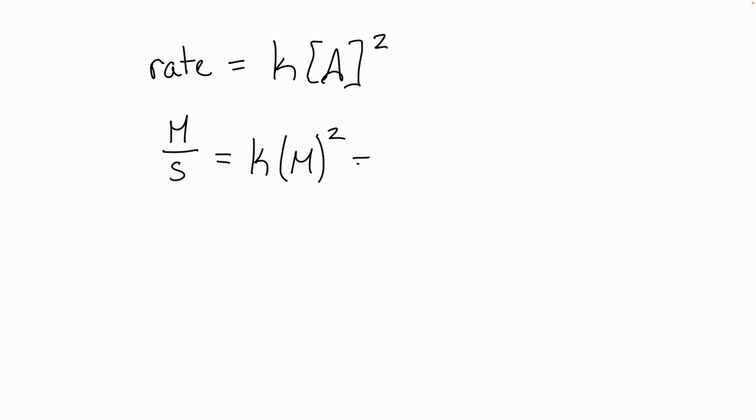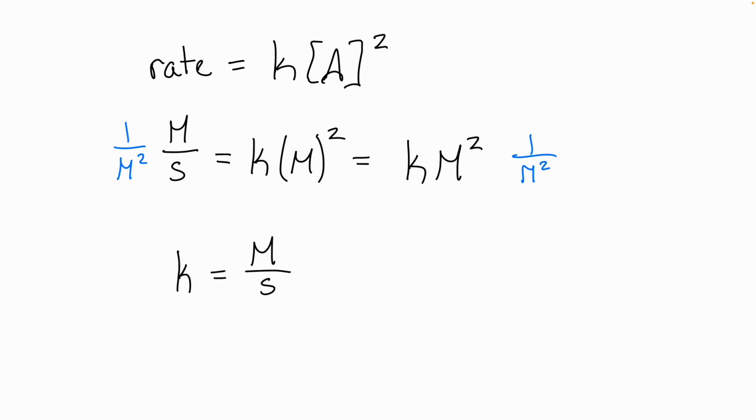Okay, so this is the same thing. I can bring that 2 inside, k M squared, divide both sides by M squared. All right, and so I get k equals M over s times 1 over M squared. How can we simplify this? Yeah, so we got 1 M on the top.